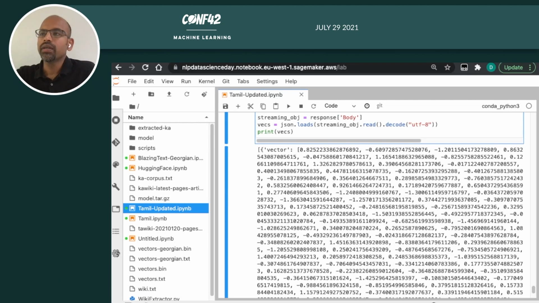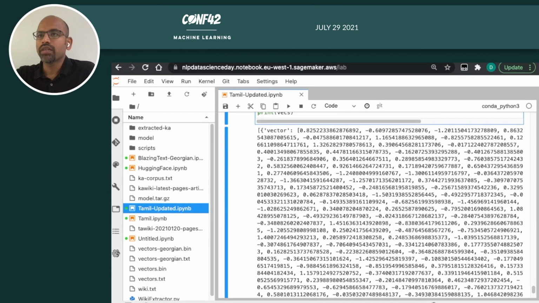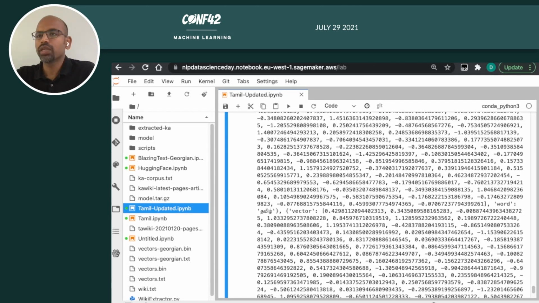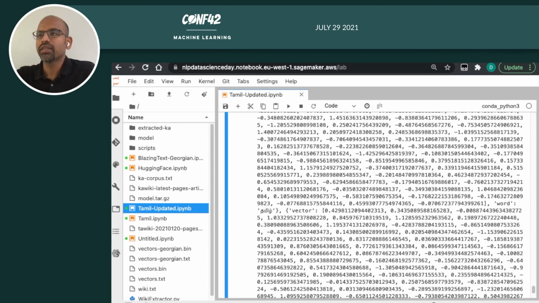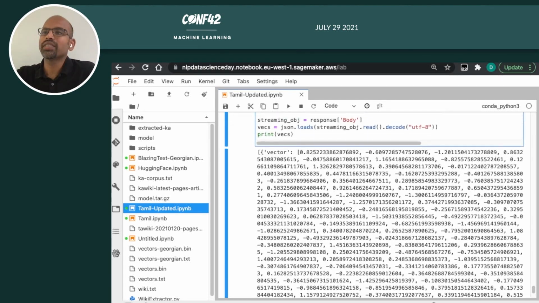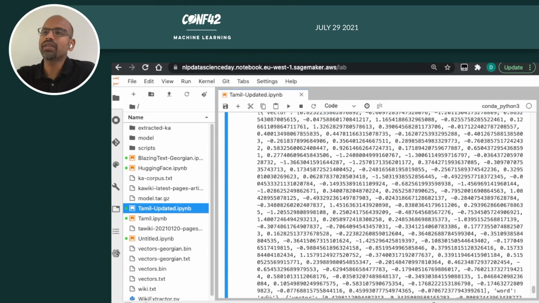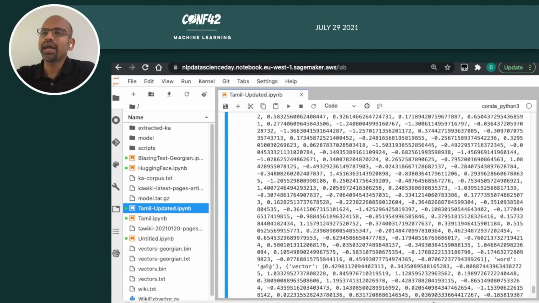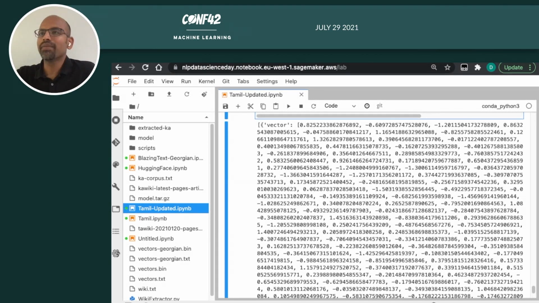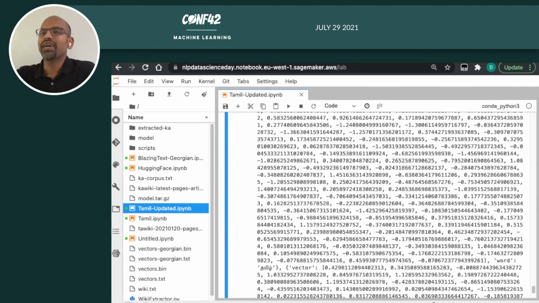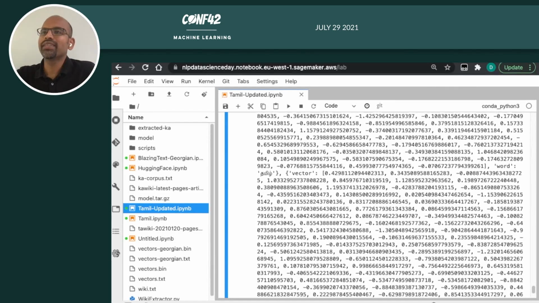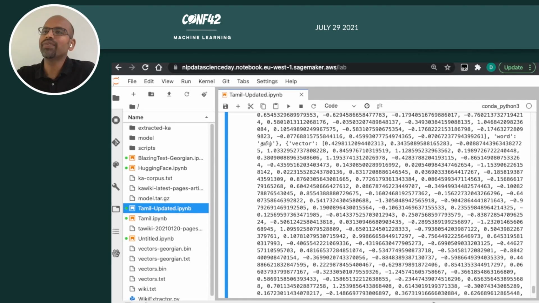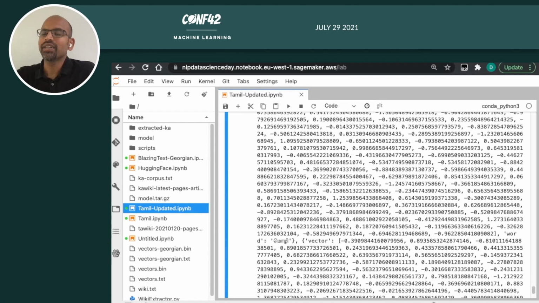For example, starting from here until here is the vector representation of a word. It is trying to map this word Tamil in an n-dimensional space, and that's why you have so many weird numbers, represented as a list here. You will get this kind of list for each word you are trying to vectorize.